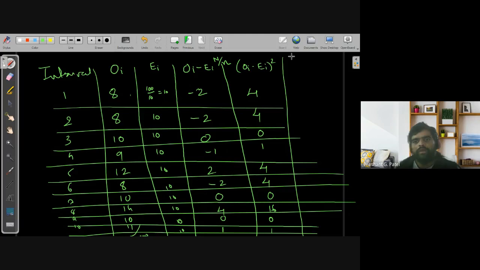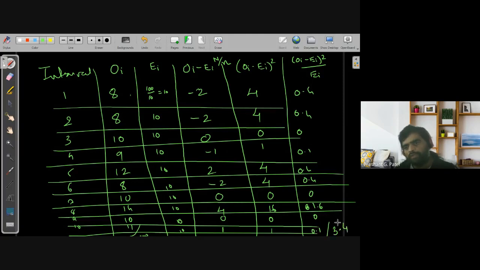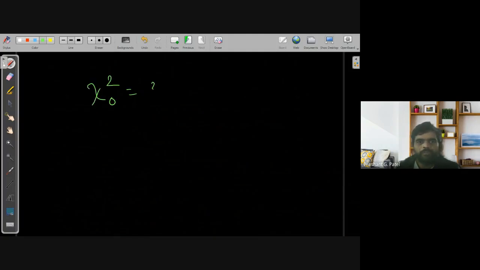And lastly, OI minus EI square upon EI, that is this value upon 10: 0.4, 0.4, 0, 0.1, 0.4, 0.4, 0, 1.6, 0, 0.1. And if you sum all of them, it will be 3.4. So that gives you chi-square equal to 3.4. And using the chi-square table, let us get that also.